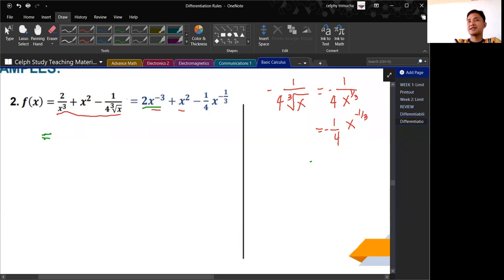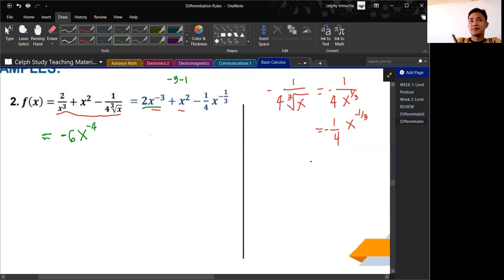Take note that our exponent is negative. We will have negative 6 in front, copy the variable x, but our exponent changes: negative 3 minus 1 is negative 4. So that will be negative 4.